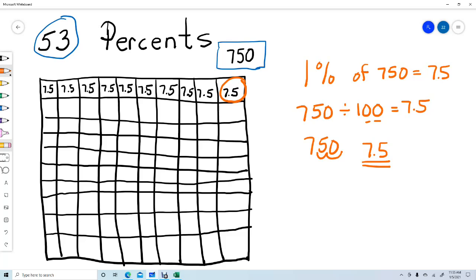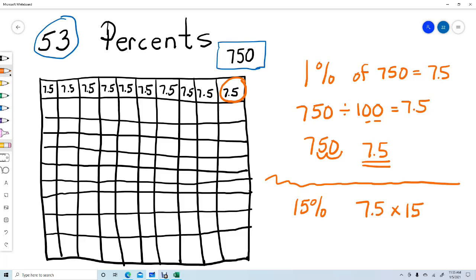That's step 1. Now that I know 1% of 750, say I want to know what is 15% of 750. Well, if I know that 1% is 7.5 and I want to know what 15% is, all I do is take my 1% and multiply it by 15.